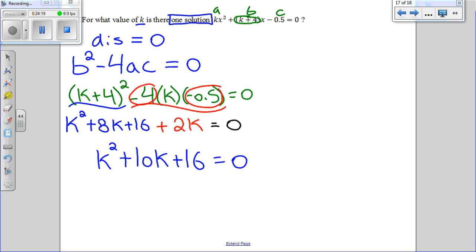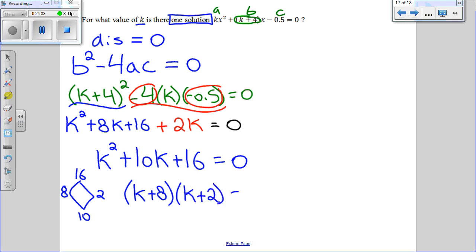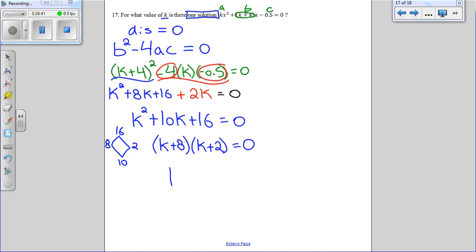That gives me k plus 8, k plus 2 equals 0. That means the two values of k that would give you one solution would be k equals -8 and k equals -2. Both of those would give you one solution. Both of those would give you a discriminant equal to 0.